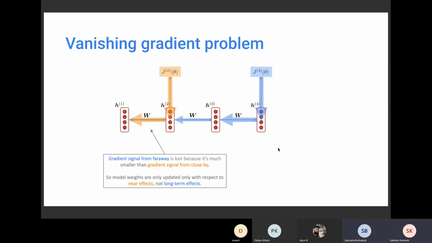So the same thing: for long sentences, if there is some dependency for the next word prediction coming from the start of the sentence, or from some other sentence far back in the sequence, it is not captured in this system, most of the time due to this vanishing gradient problem.